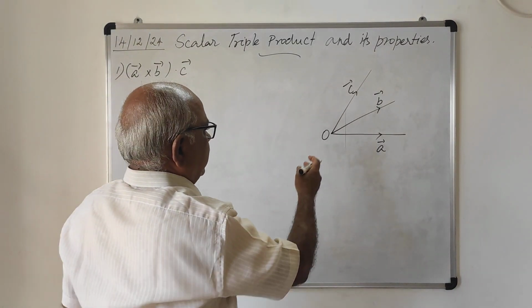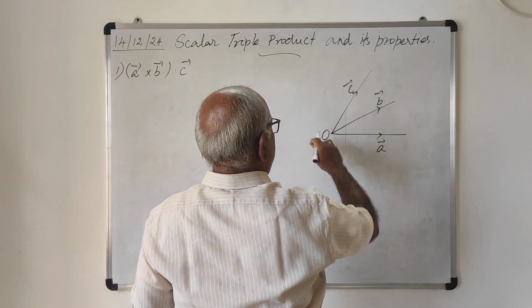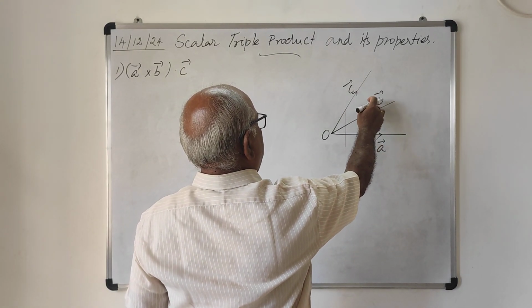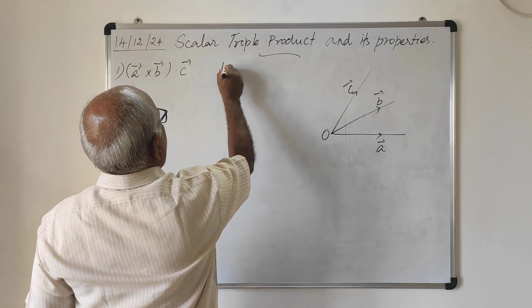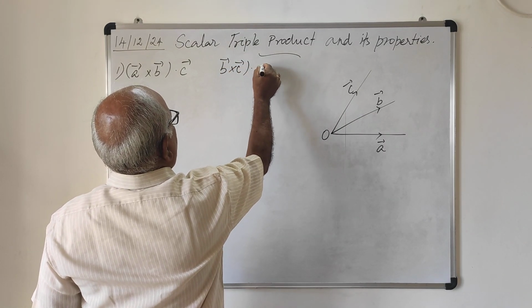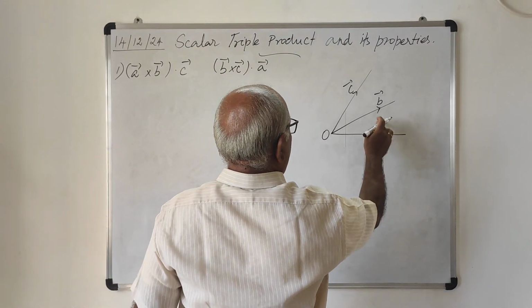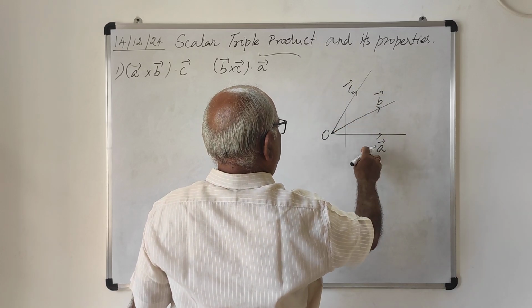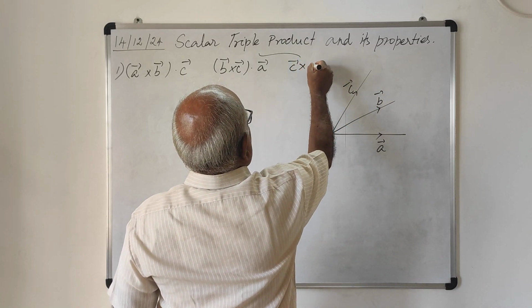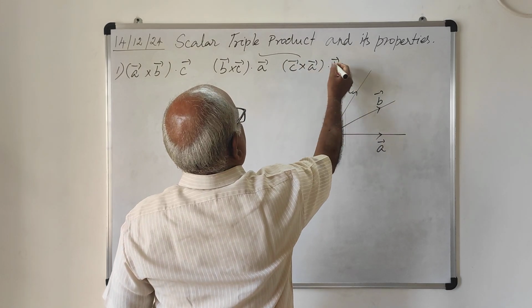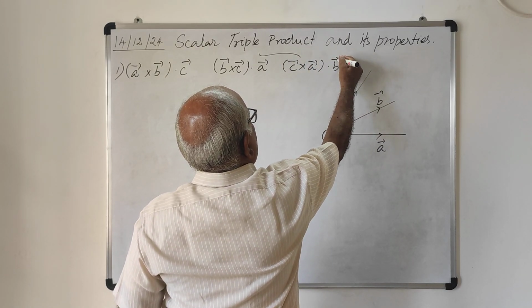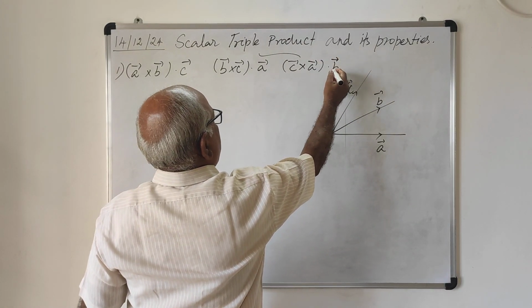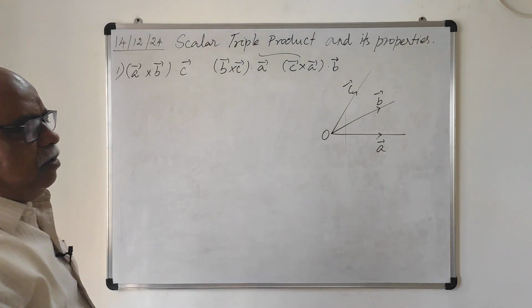See, you consider cyclically A, B, C; B, C, A; C, A, B. Like that you will consider. A cross B dot C, B cross C dot A, and C cross A dot B. You consider cyclically the three scalar triple products.